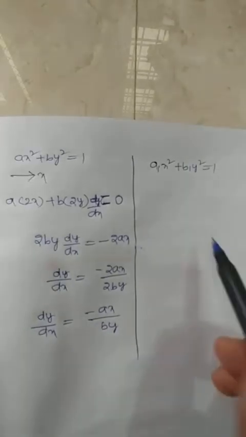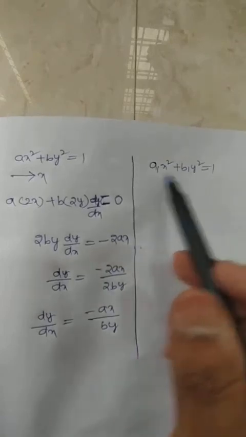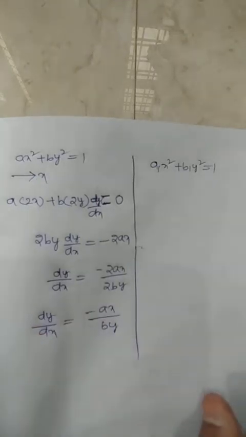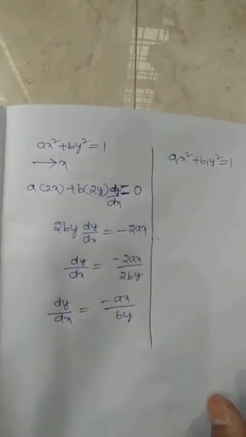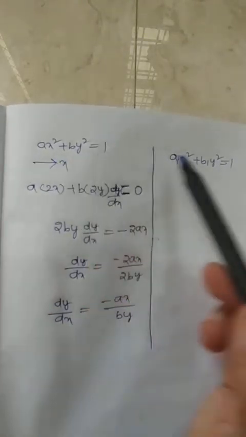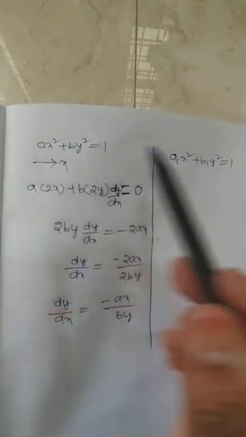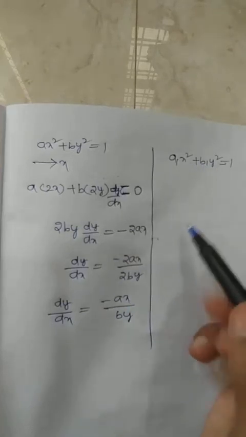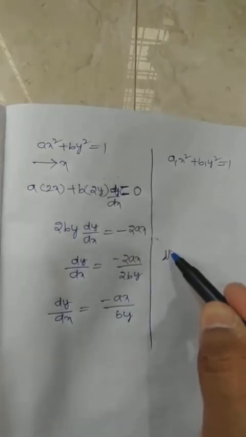In the similar case for the second curve, when you observe, in place of the constant a we have a1, and in place of b we have b1. Similarly, I will directly write this derivative.